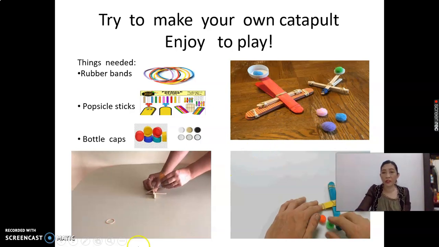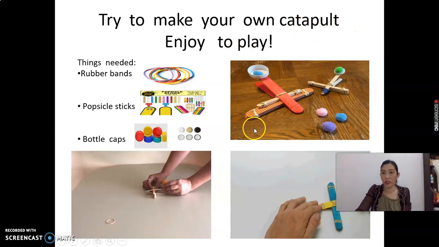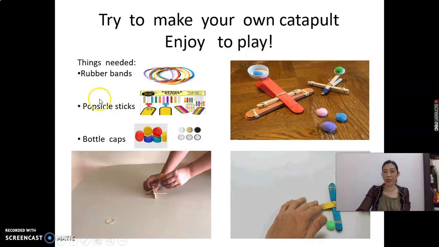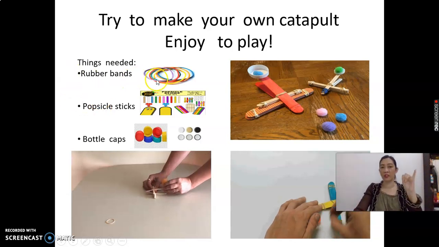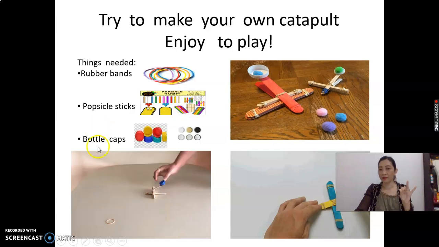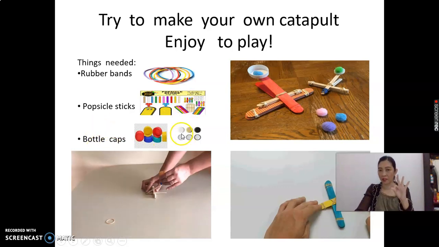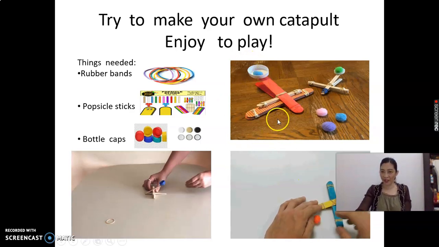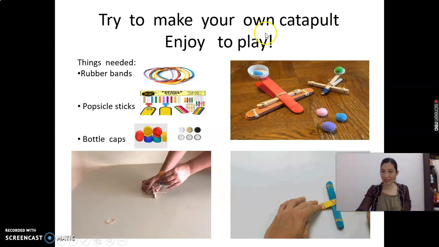You can make your own catapult at home and enjoy playing. So enjoy. Try this.